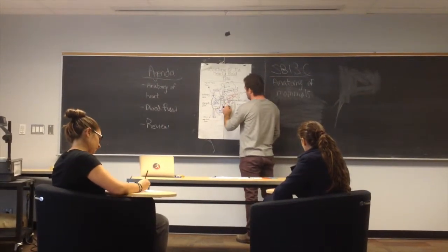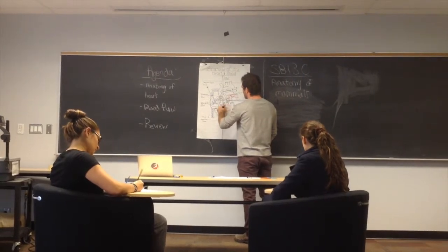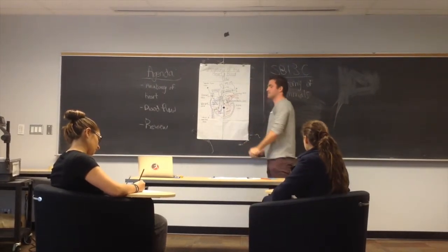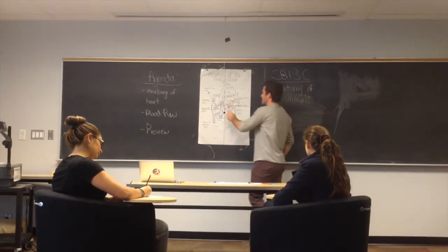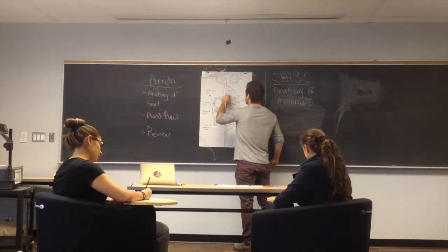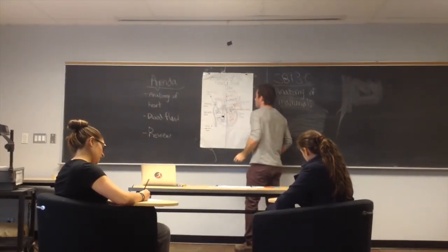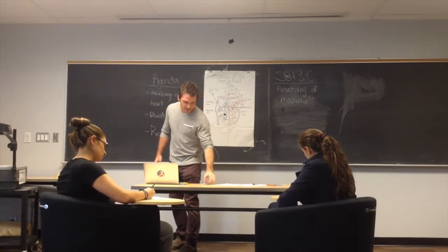So we go through the mitral valve into the left ventricle. And then we go into the biggest blood vessel of the body, which is the aorta. Very nice. So we're going to color that all red. And why do we think the aorta is the biggest vessel of the body?